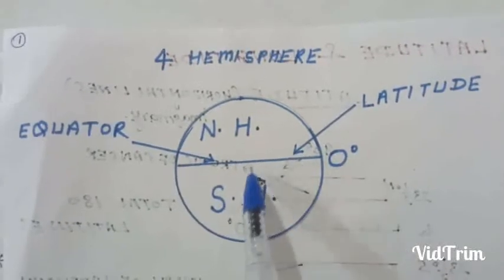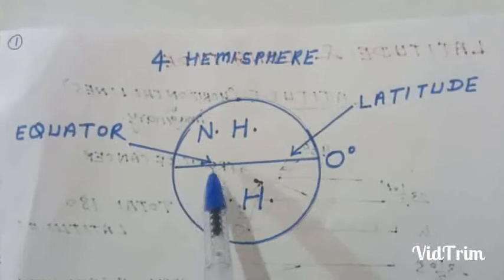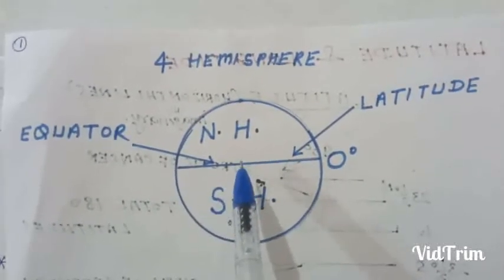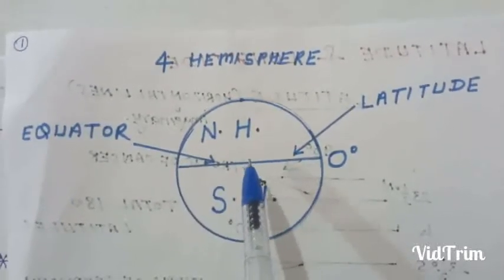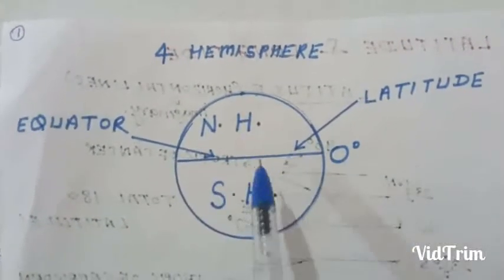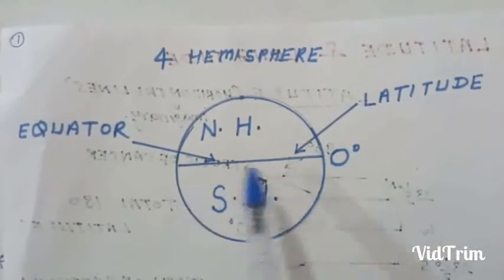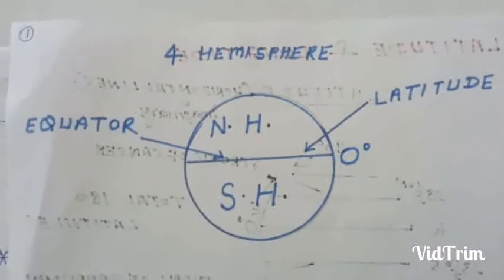This line is imaginary. Why is it imaginary? It is imaginary because scientists have drawn this line to study our earth, and this type of horizontal line is known as latitude.